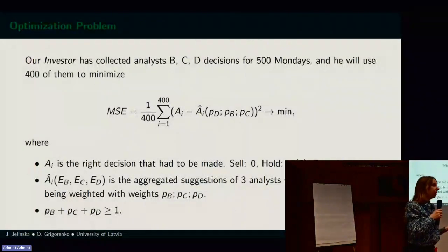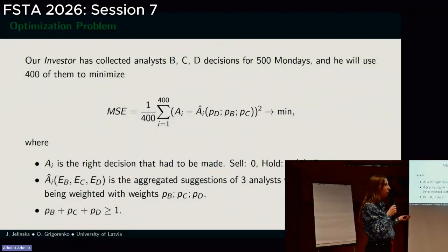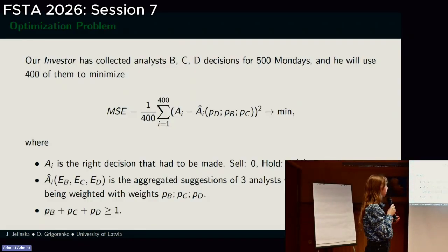So we know that at some point the stock had to be sold, or it had to be held, or it had to be bought. And knowing this, we construct an optimization problem with the aggregated weights, and this way we find these weights for the corresponding analyst.